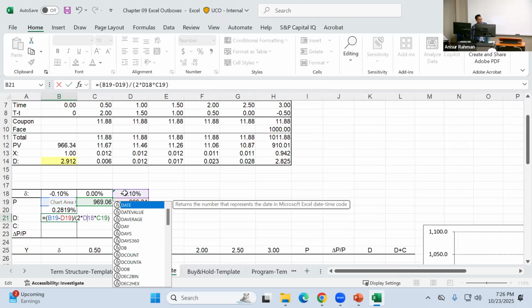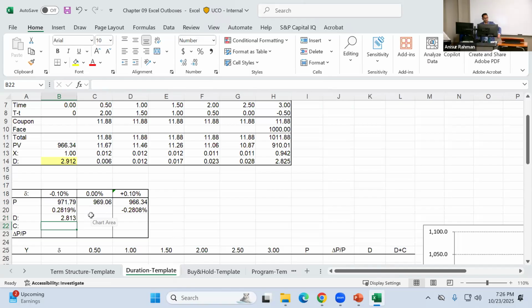Okay, D18. So that is our duration based on that formula, right? This was Macaulay duration. These are actually called the effective duration formula.